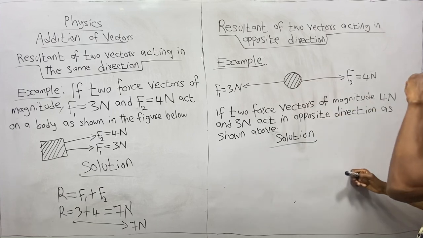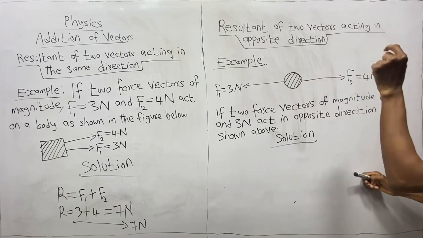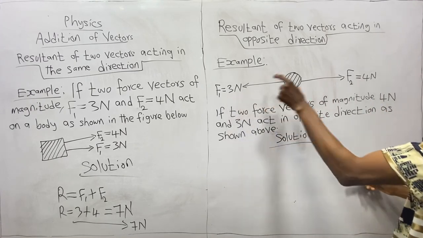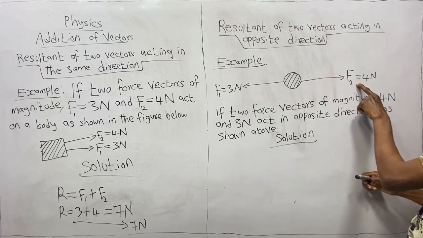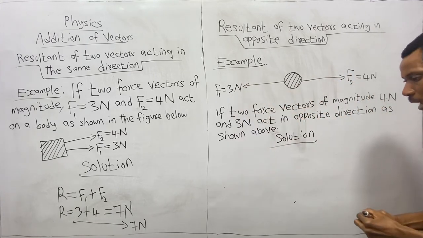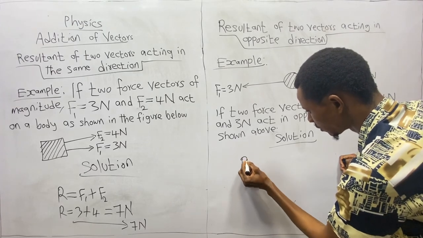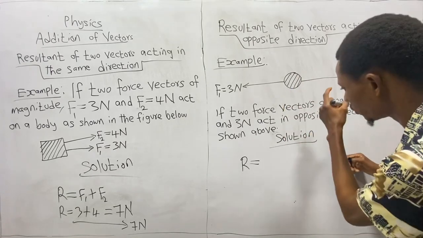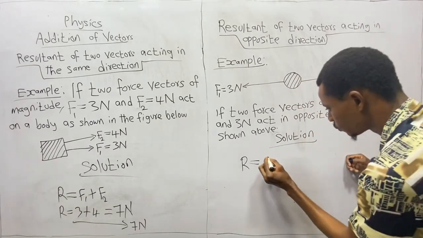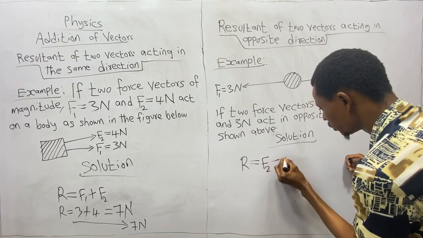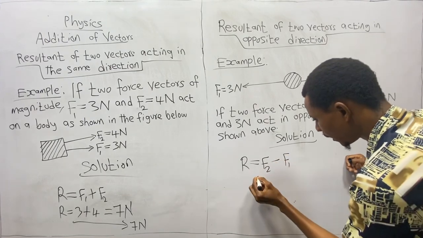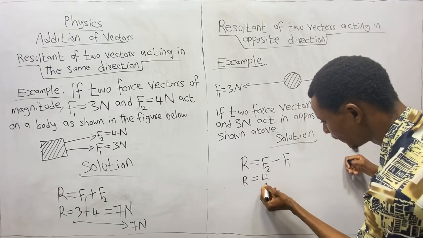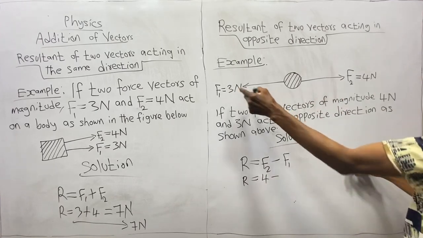So to get their resultant, it will be the bigger vector minus the smaller vector. So that means to get the resultant of two vectors acting in opposite direction, it will be the bigger vector, which is F2, minus the smaller vector F1, and that will be equal to F2, which is 4, minus F1, which is 3.